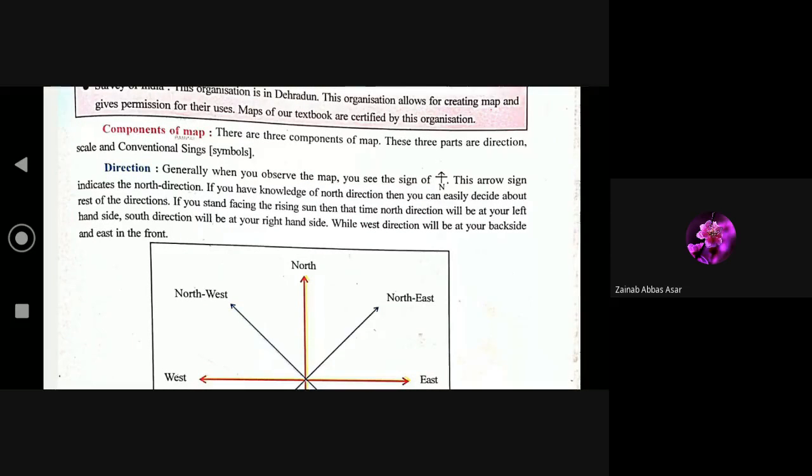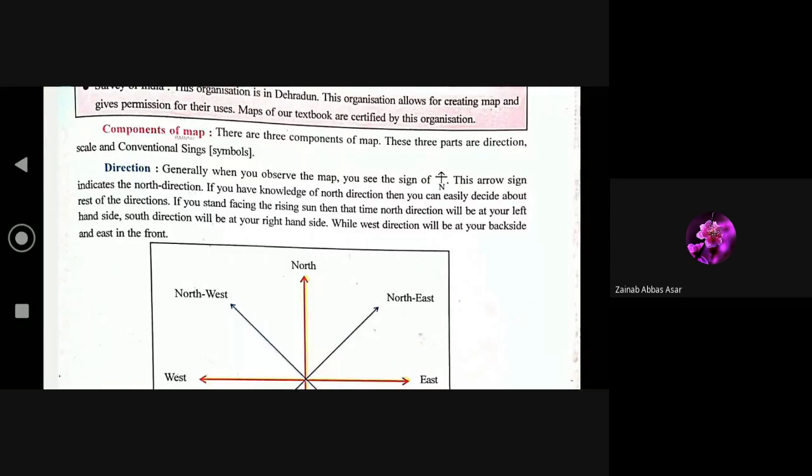Which are the three components of a map, students? Components of map I am asking. Direction itself is a component on its own. Then scale and conventional signs. Yes, direction, scale, and conventional signs.